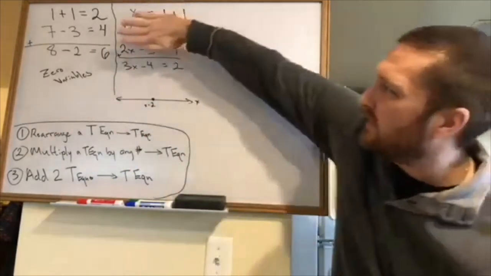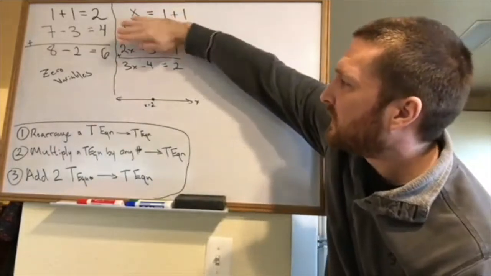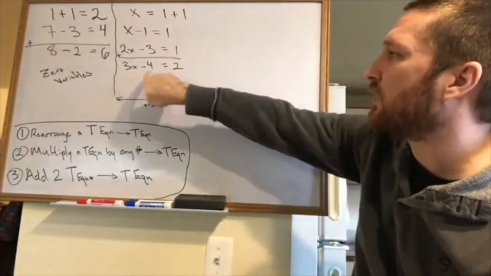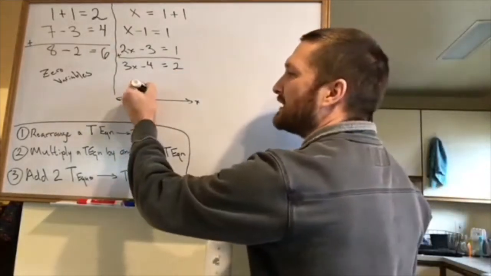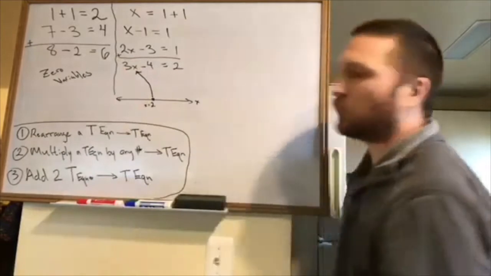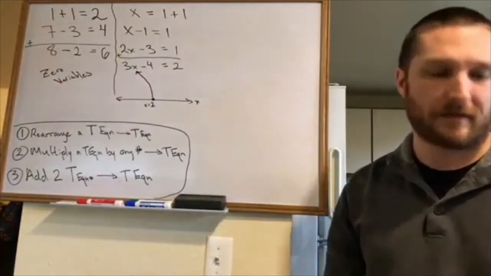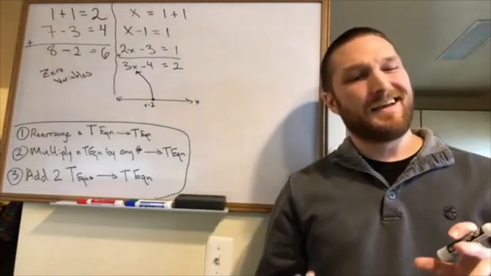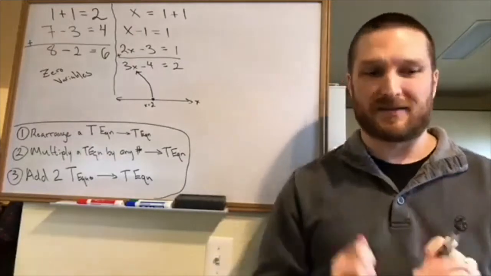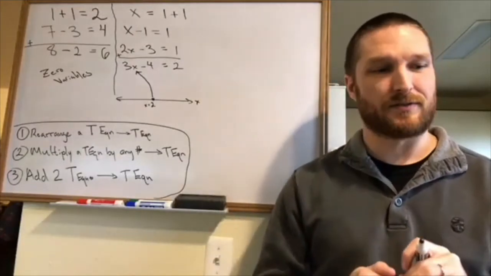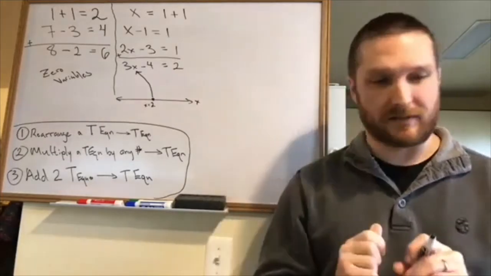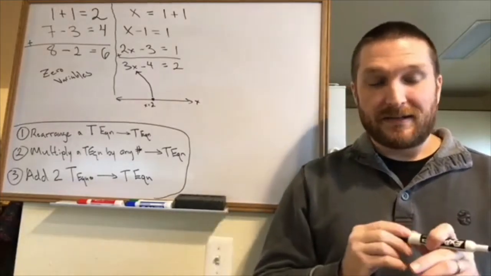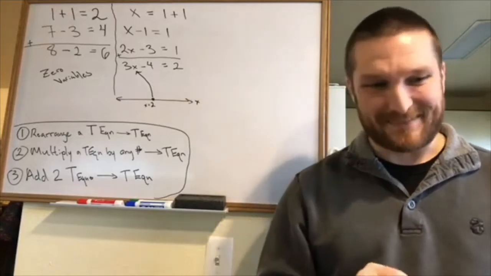Like not knowing any of this stuff from before, if I just gave you 3x minus 4 equals 2, you'd say, well, the only value of x that could possibly work is x equals 2. There's only one possibility. So it's kind of like, in the case with no variables, there's 0 possibilities. It's always true. In the case with one variable, there's one possibility. But now with two variables, what happens?